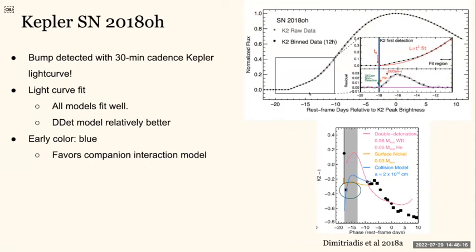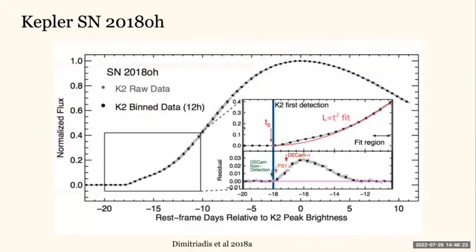You can see here about the cadence, the black points are in fact the 6-hour cadence, and in the case of 18OH, it's good enough to constrain the progenitor. I think it would be very beneficial if we can build a global network so that we can take exposures for a few hours, and that will be good enough to constrain the Type Ia progenitor.